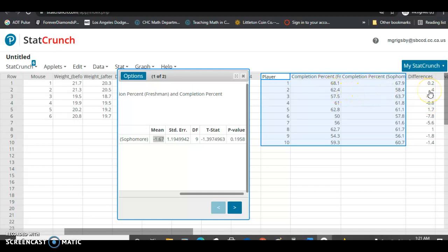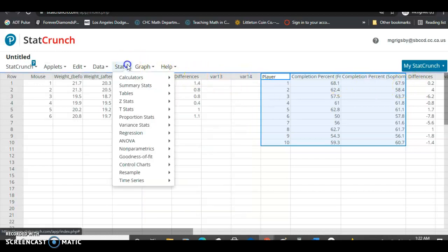Here we have a positive difference of 4 for quarterback number 2: the freshman completion percentage was 62.4, and the sophomore completion percentage went down to 58.4. Likewise, some of these differences are negative, indicating that their completion percentages went up. For example, for player number 6, who had a negative difference, his completion rate went up from 50 to 57.8.